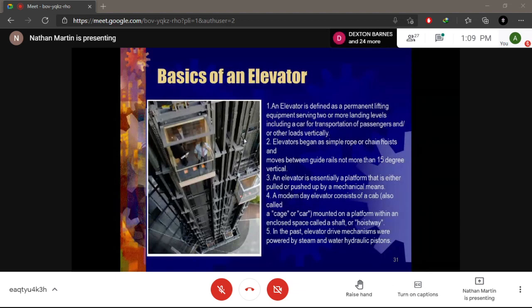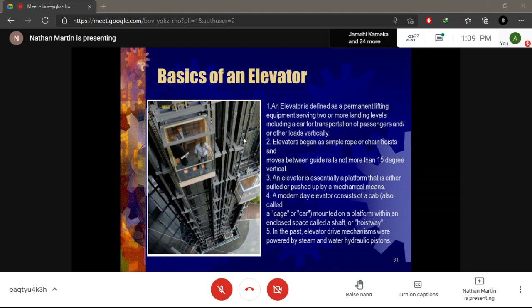It includes a car for transportation of passengers or other loads vertically. What I mean by other loads is that you can have a cargo elevator that is used to transport machinery and so forth, which is more of a heavy-duty type elevator, and then you have your regular passenger elevator, right?